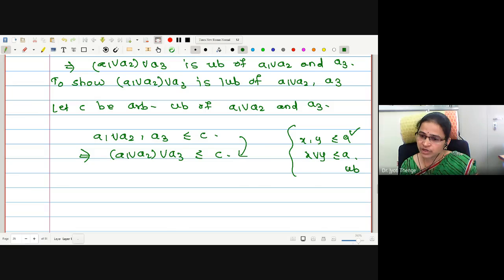This is arbitrary upper bound and join is least upper bound. The same fact here we have used. Therefore, A1 join A2 join A3 is least upper bound of A1 join A2 and A3.